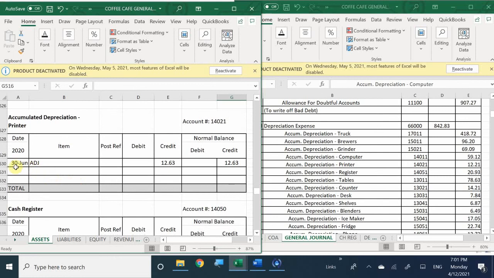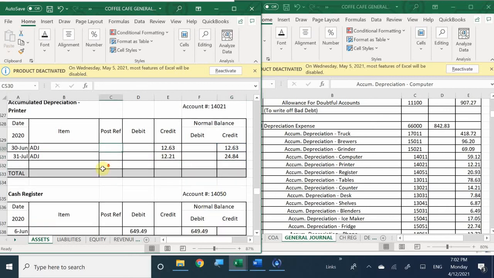Scroll down, we have the accumulated depreciation for the printer, which was a total of $12.21, which then should give you an account balance of $24.84.